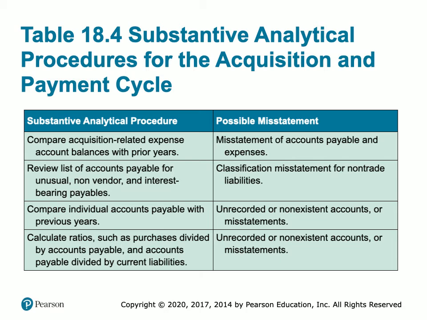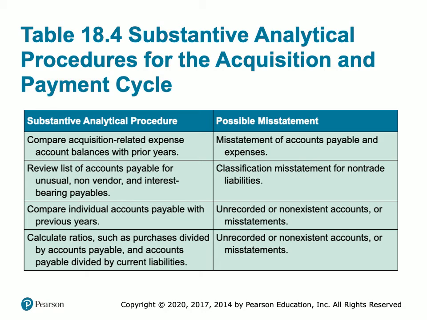So you can look at acquisitions of materials. You can look at acquisitions of goods and services. You might run a test using computer-aided software on analytics about different payments.